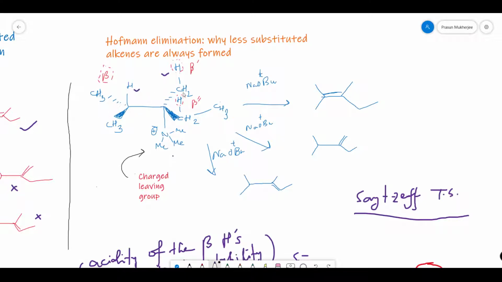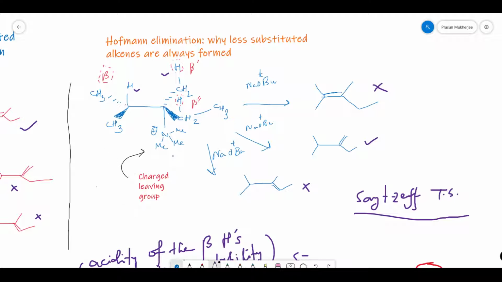The base will accordingly react with the most acidic hydrogen atom. In this case, the experimental facts suggest that our prediction is correct, and this hydrogen atom is abstracted by the base to afford this product. This product will not be formed, and also this will not be formed. So in this case our prediction matches with the experimental fact.